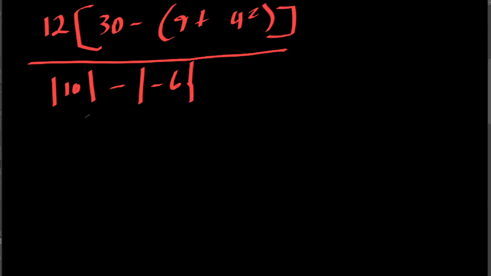All right, now, once again, let's go through our order of operations. And if you have a fraction, once again, divide as your last step. So we're going to break down the top and the bottom and divide at the very end.